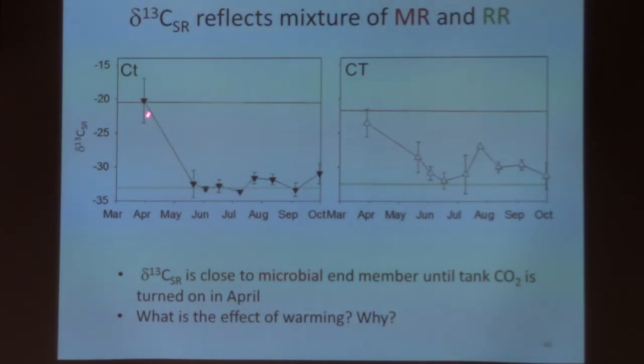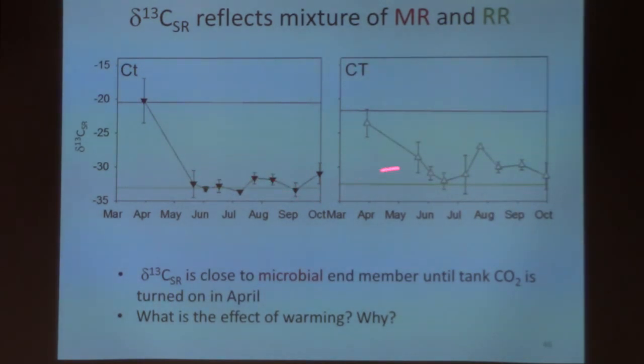Before, in the early part of the growing season, the soil respiration is close to the microbial end member because we hadn't turned on the tank gas yet, so the root respiration hasn't been getting labeled yet. Once we turn the tank gas on, which is like the middle of April, guess what? The delta C13 of soil respiration goes down a lot.